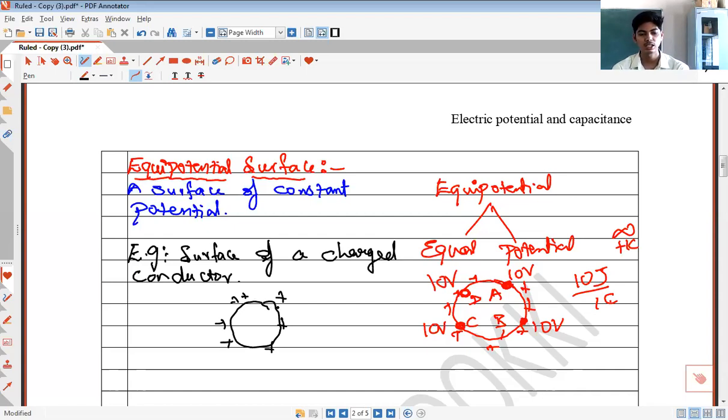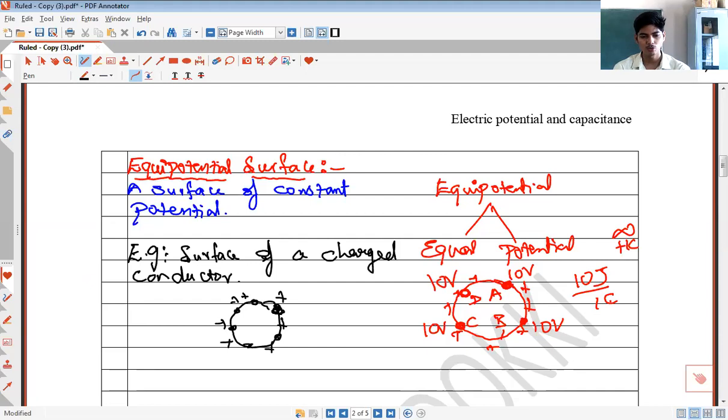That is, the potential at every point on this conductor will be the same. Such a surface over which electric potential is the same at each and every point is called an equipotential surface, right? We'll discuss why potential at each and every point will be the same, and all those things, later.